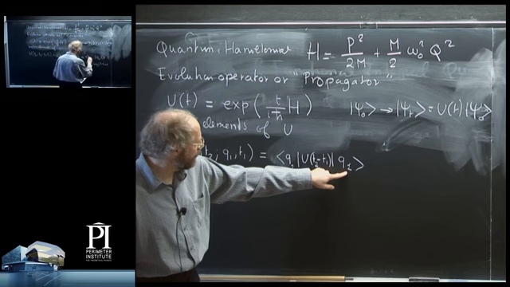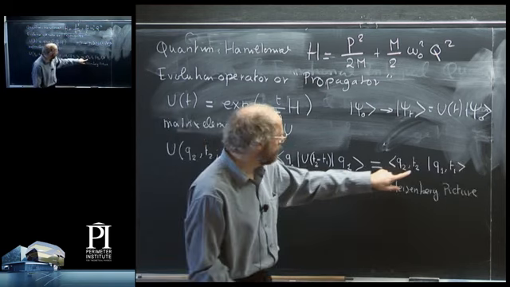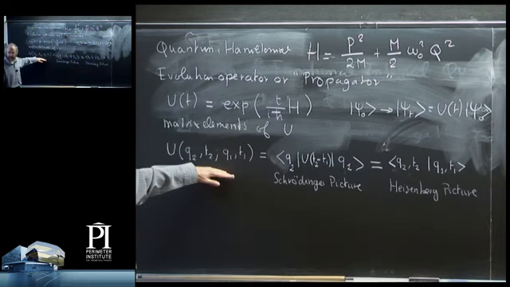You end up with a state where the particle is at position Q2 at time T2, and you just measure the scalar product between this state and this state in the Heisenberg picture. So those are two different ways to write the same object and the same matrix element.